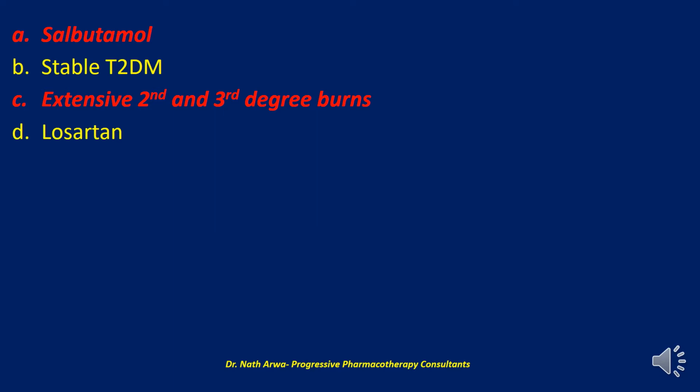However, if a patient is experiencing diabetic ketoacidosis, I'll underline that, hypokalaemia and hyperkalaemia can be seen or experienced depending on the time of presentation in the course of the DKA. Now, extensive second and third degree burns can cause loss of permeability, which leads to loss of fluids and electrolytes.